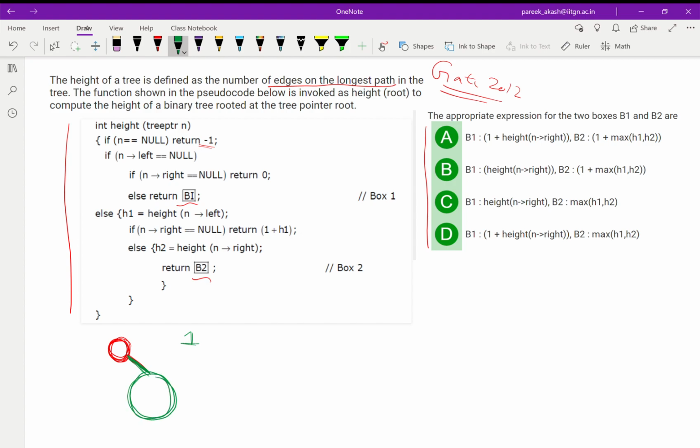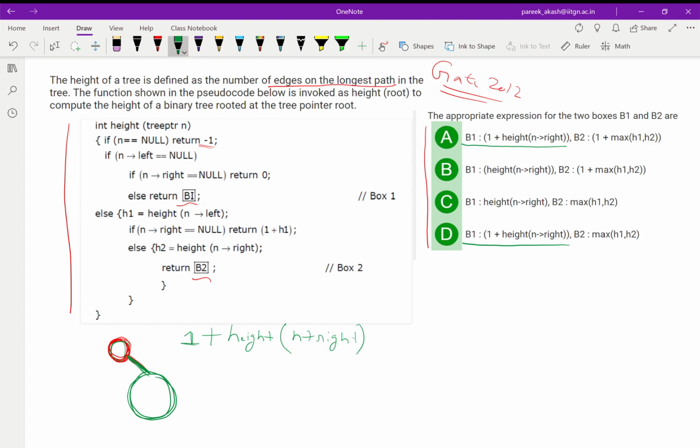That means 1 plus height of n of right, that is b1. So either it will be a or it will be d. So b and c will be eliminated, and either a or d will be our answer.